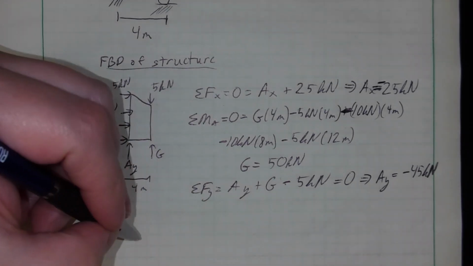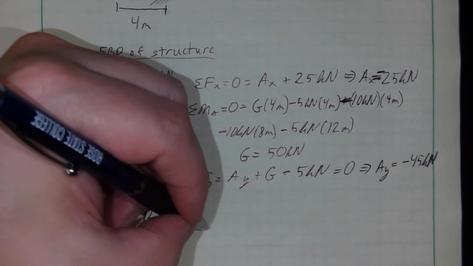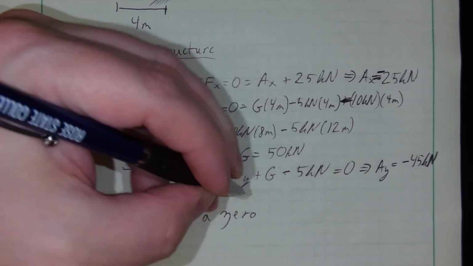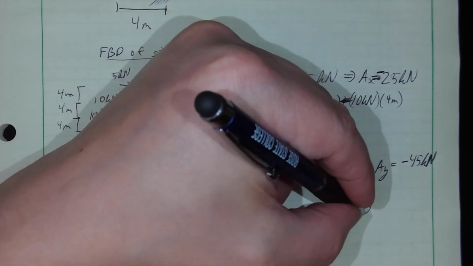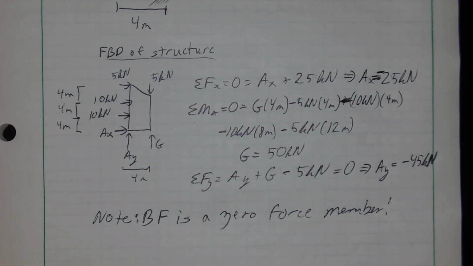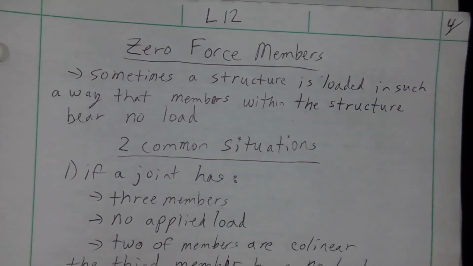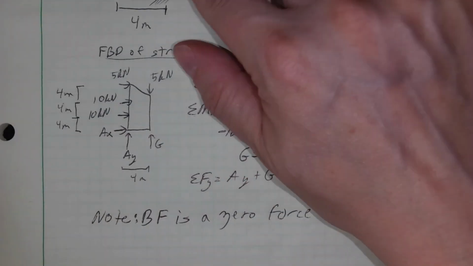Note that BF is a 0 force member. How do I know that? Well, remember we said with 0 force members, there are 2 situations. One is if a joint has 3 members.